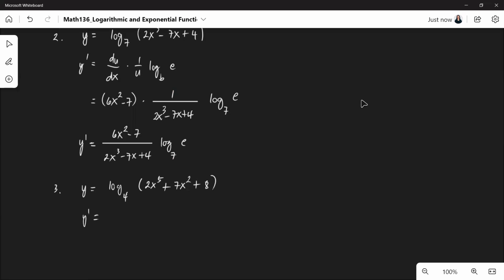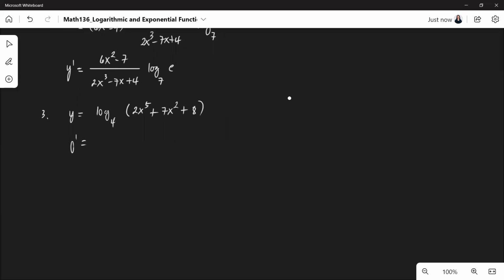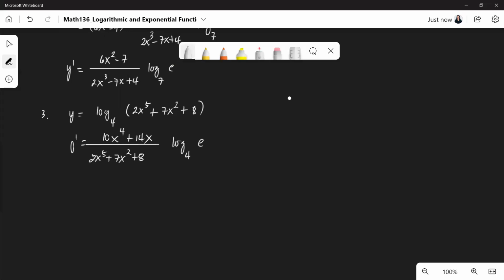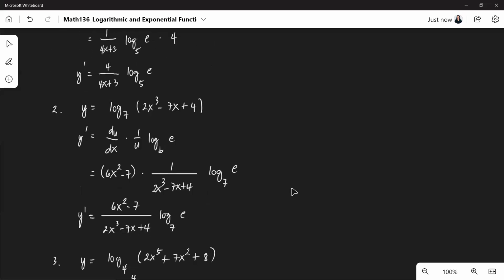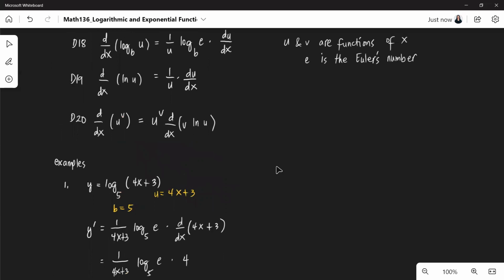So y prime would be the derivative of u, meaning 10x raised to the power of 4 plus 14x, and then over u, so 2x raised to the power of 5 plus 7x squared plus 8, and then log of e to the base 4. Okay, so this is the y prime. So let me write this again. Okay, so that's how you use the D18.